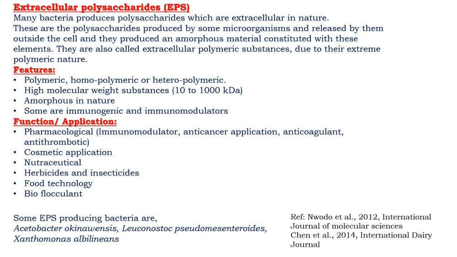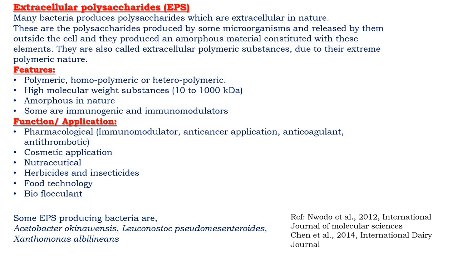One thing is that EPS is present in different pathogenic bacteria. Why? Because this EPS is meant for their virulence. So one may ask why these toxic, non-beneficial pathogenic bacteria are utilized in industrial applications.